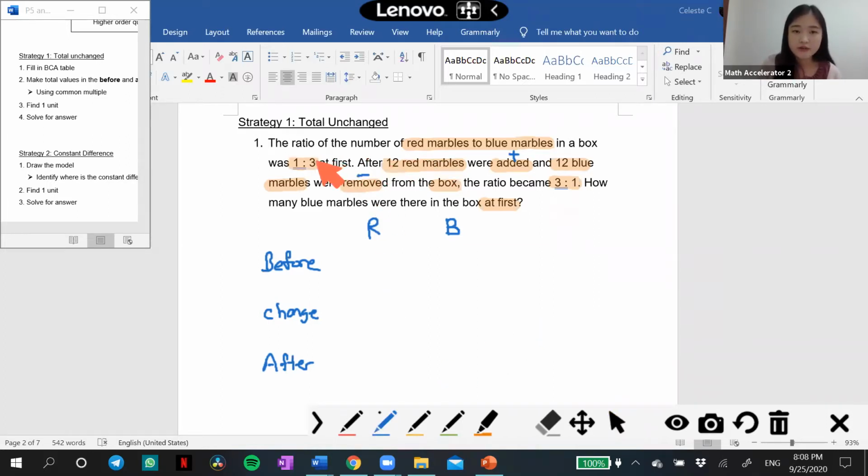The ratio at first was 1:3, which is the before row. What happens in between? 12 red marbles were added, so plus 12. And 12 blue marbles were removed, so minus 12. What happens at the end? The ratio becomes 3:1.